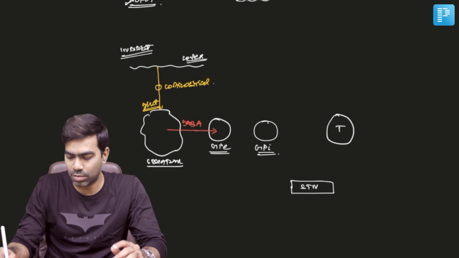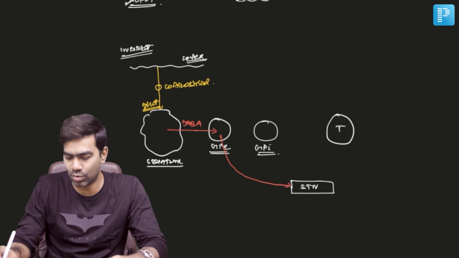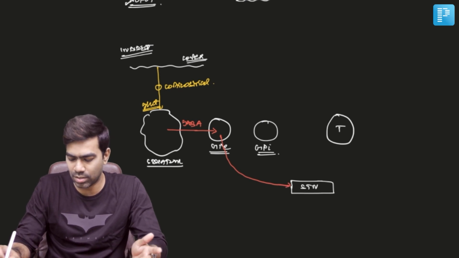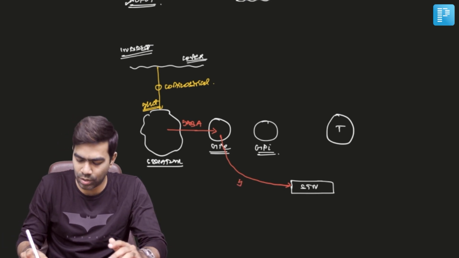And from the globus pallidus externus, you're going to have another set of fibers that are going to enter the subthalamic nucleus. Probably you can call these neurons pallidosubthalamic neurons. That's correct. And they are also going to be GABAergic.